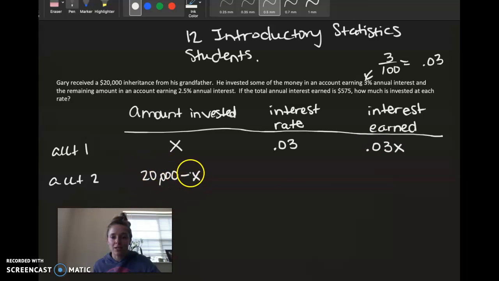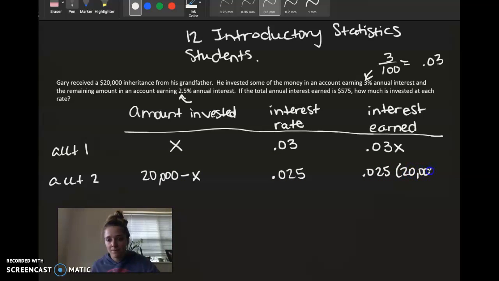And then for the second account, we're earning 2.5% annual interest. So you have to change that to a decimal, which is going to be 0.025. You should double check to make sure you understand where that came from. And then that is multiplied by the amount that I invested. So 0.025 times 20,000 minus x.